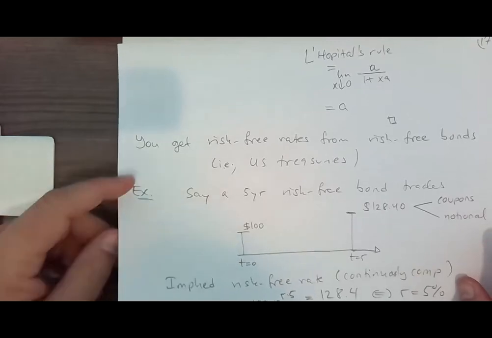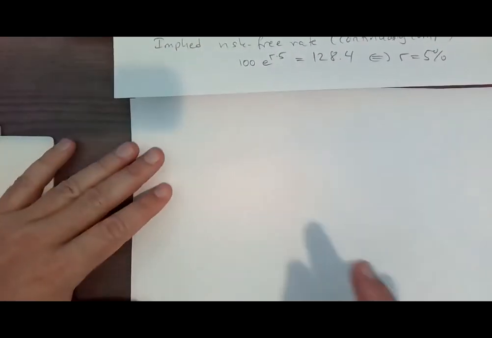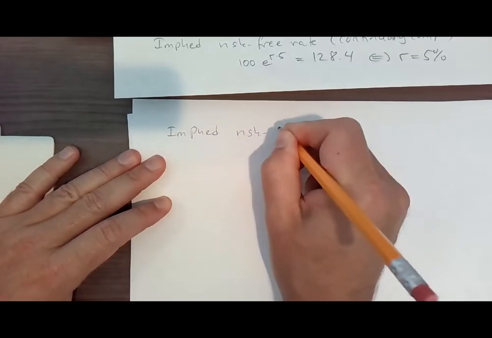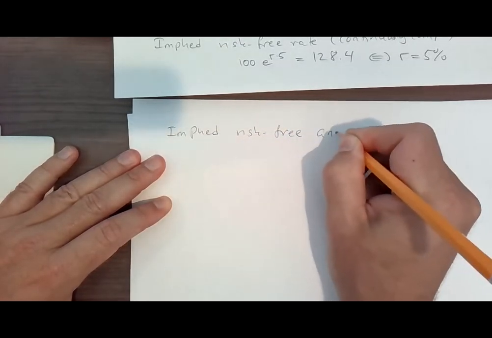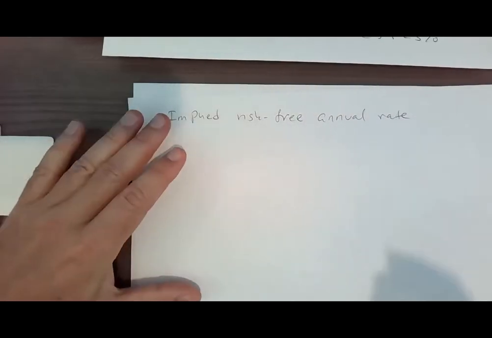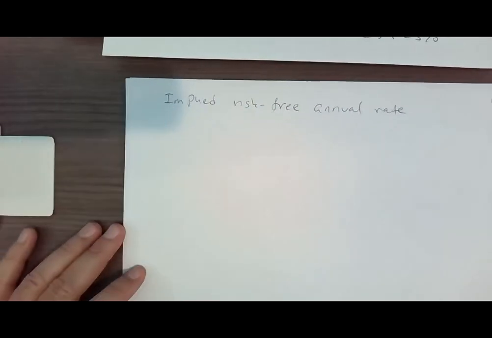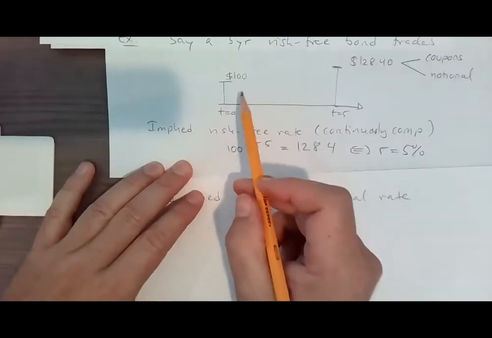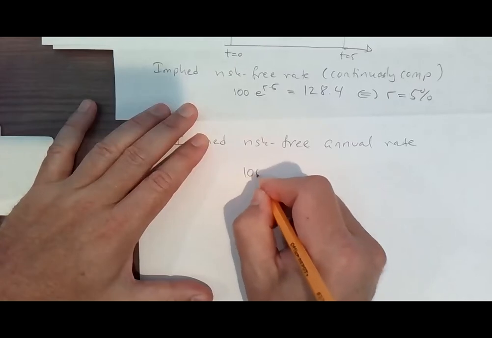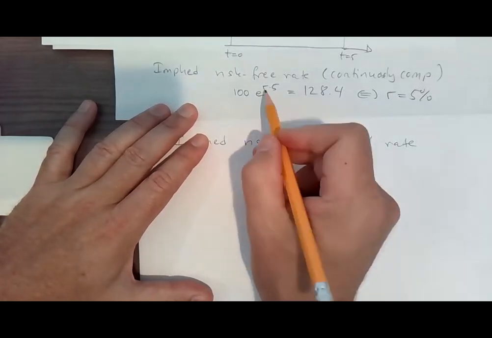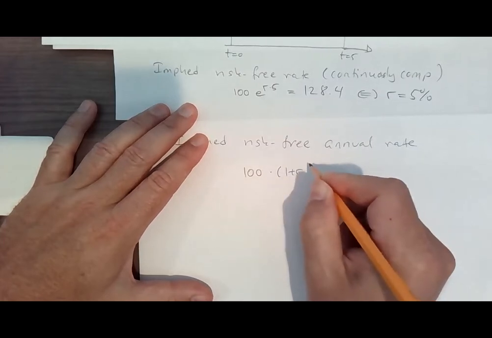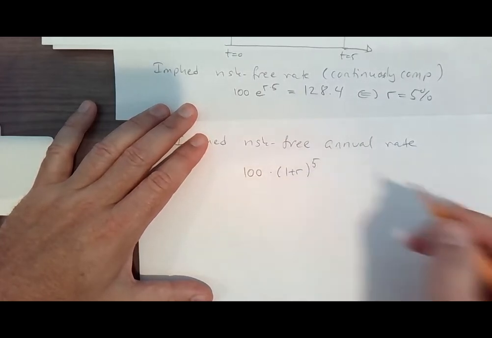Now you could have done something else if you were to say the implied risk-free annual rate. Well, this is a different story. You're still having $100. You put $100 into this bond. If you have an annual rate, then r wouldn't be given like this. It will be given like (1 + r)^5.